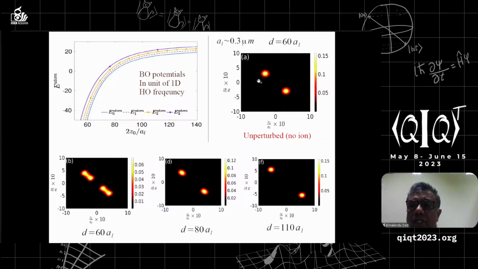And here we are plotting the probability distribution of the two atoms as a function of Z1 and Z2. So this is unperturbed, when we consider no ion, only two Rydberg atoms in the ground state.